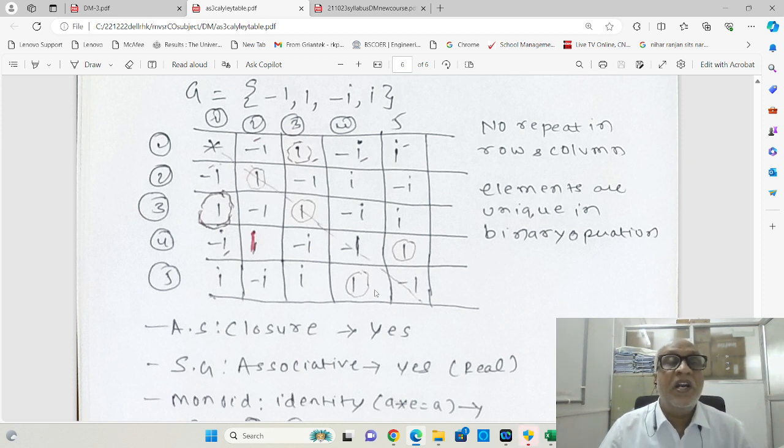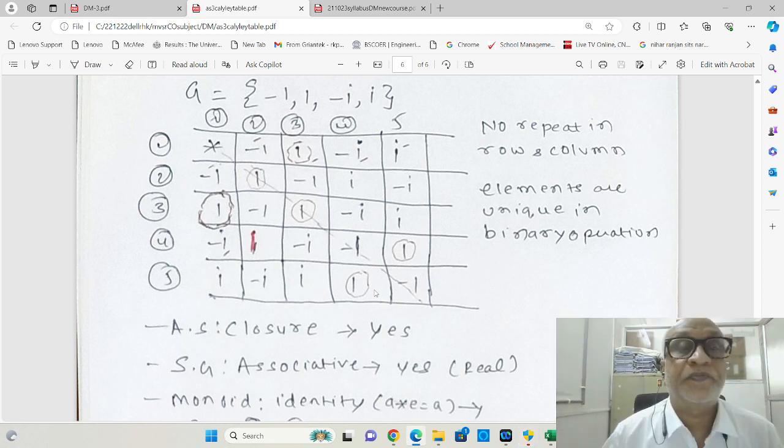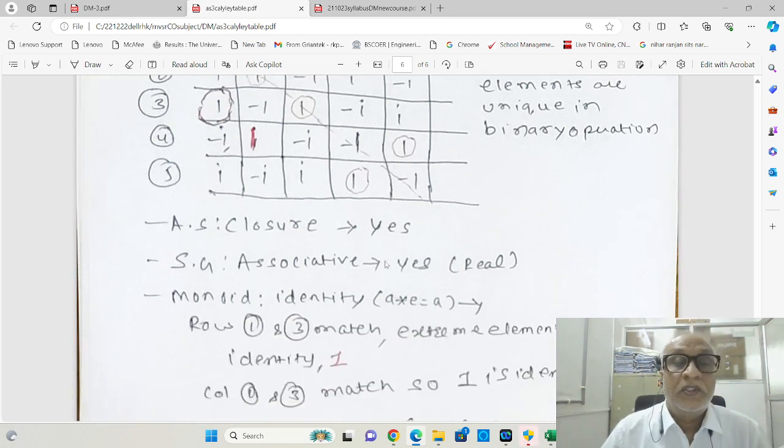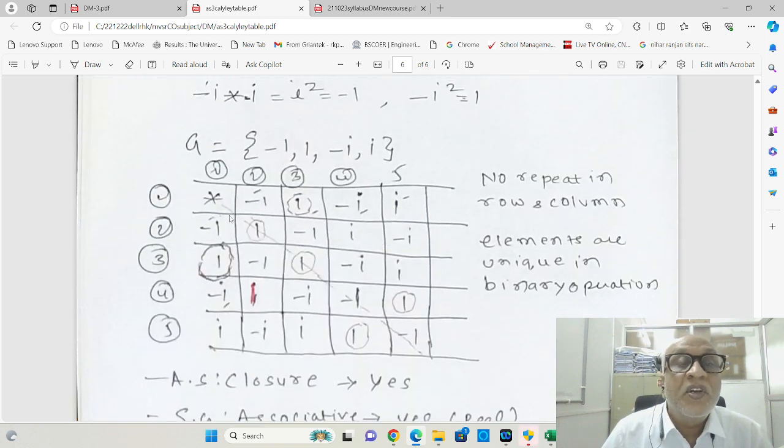How do I check whether identity is held or not? For identity, I need to check the rows which are matching and the columns which are matching. Row number 1 is minus 1, 1, minus i.